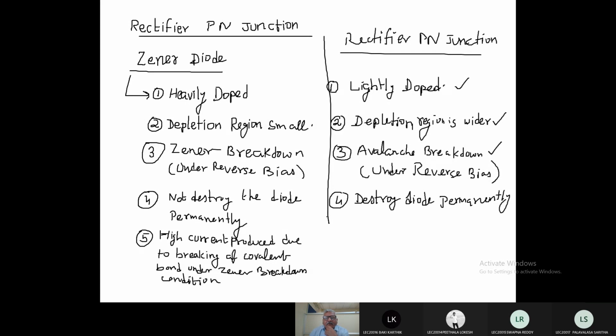Okay. Now same thing if you see in rectifier diode, high current is due to breaking of the lattice.